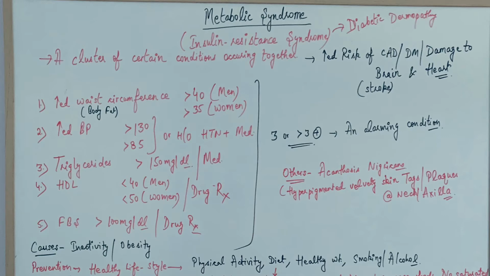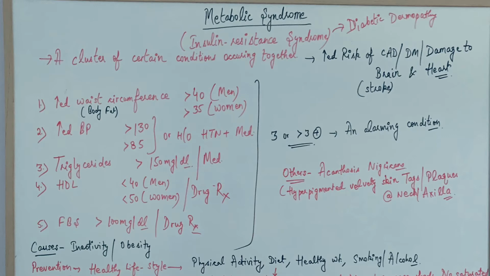The very first condition is increased waist circumference. Waist circumference is basically the indication of the total percentage of our body fat. If it is more than 40 inches in men and more than 35 inches in women, then it is an alarming situation.